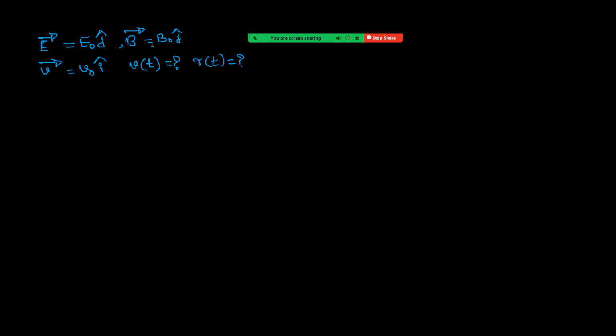So what I am saying is, let us consider only magnetic field, right? Then the path must be uniform circular motion. That means speed is a constant. And if you observe in which direction force acts initially, force F bar equals Q into V bar cross B bar.